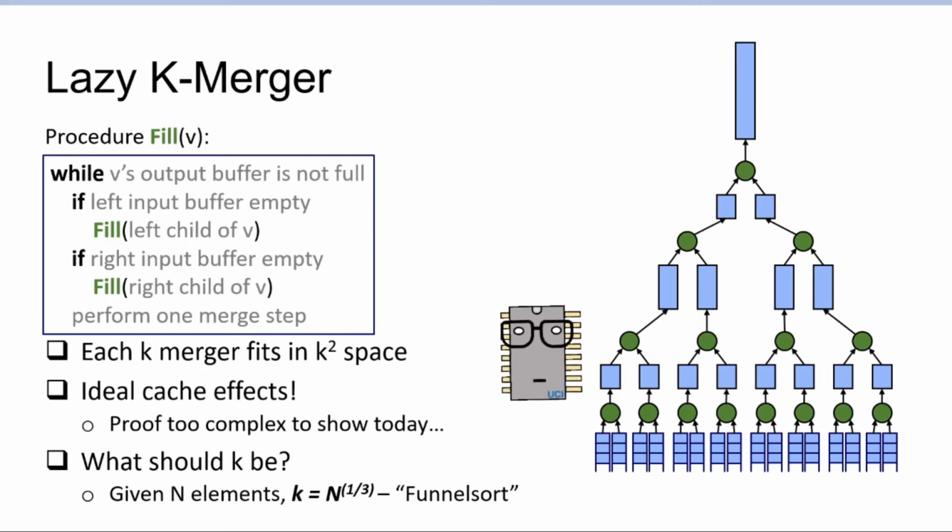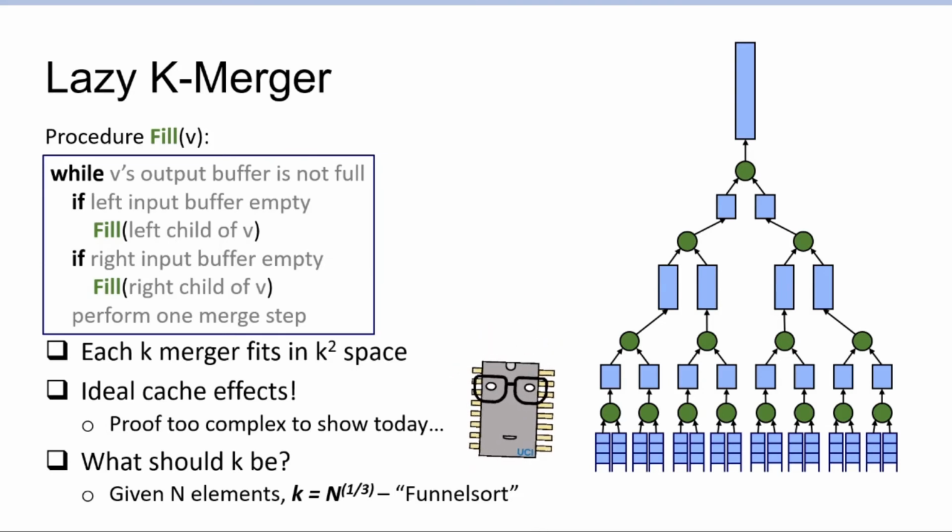In terms of memory usage, because we chose numbers like K cubed, each K merger fits in K squared space, which gives us ideal cache effects. And like most things we talked about, we're not going to go into the details of the proof for why it gives ideal cache effects.